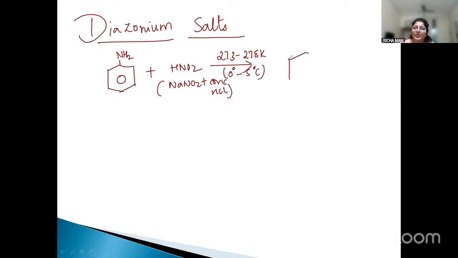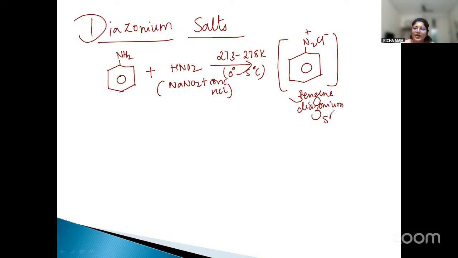What am I going to get? I am going to get N2+ Cl-. So this is benzene diazonium salt, and this is unstable. The formula is RN2+ X-.